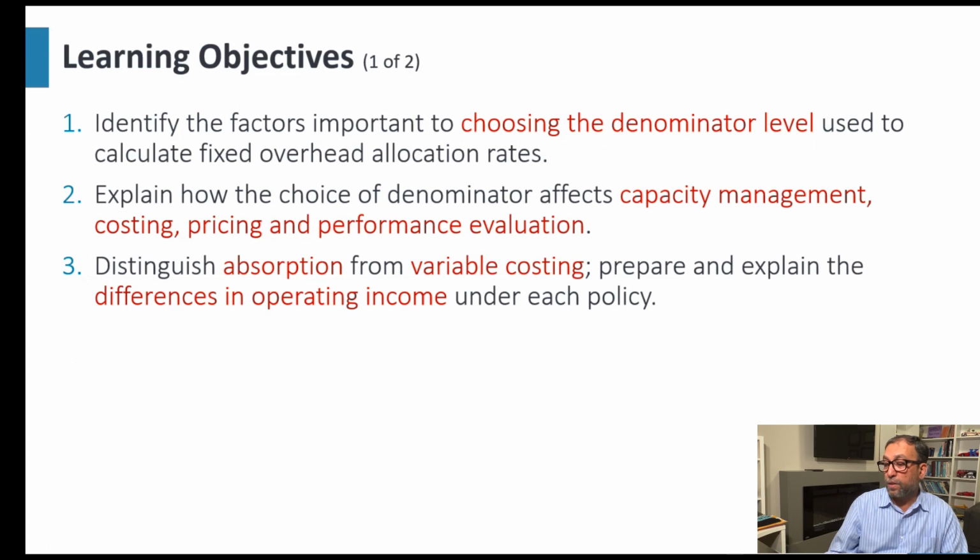So again, the objective is to provide the management accurate information so that they can make a good decision based on that information. You know that the main idea behind managerial accounting is to provide management accurate and effective information so that they can make good decisions.